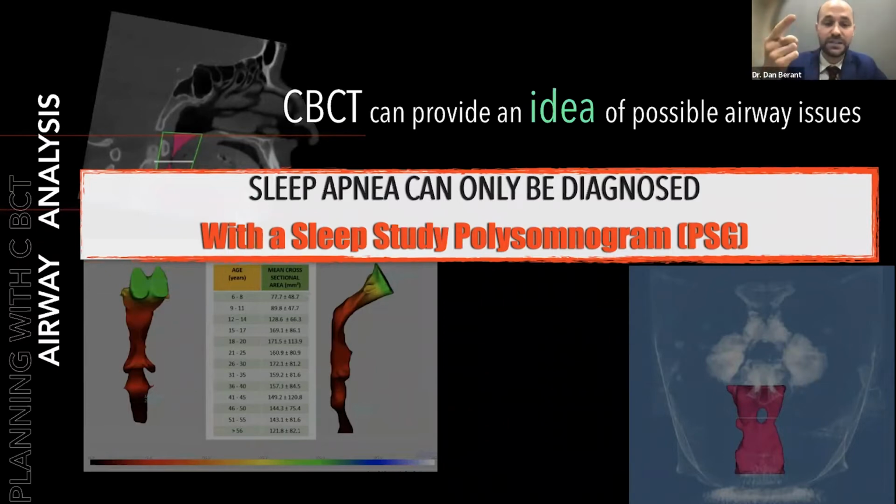The CBCT does allow us to see the progress of treatment. And one of the things I like to tell patients is there's a difference when you're vertical and taking this x-ray versus when you're lying down in a supine position and the tonicity of the muscles and other factors that go into sleep apnea and sleep obstructive conditions.